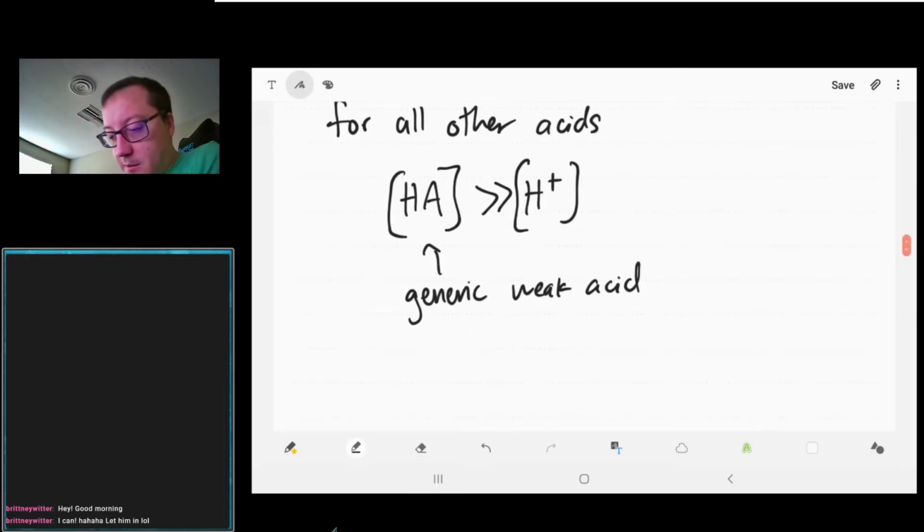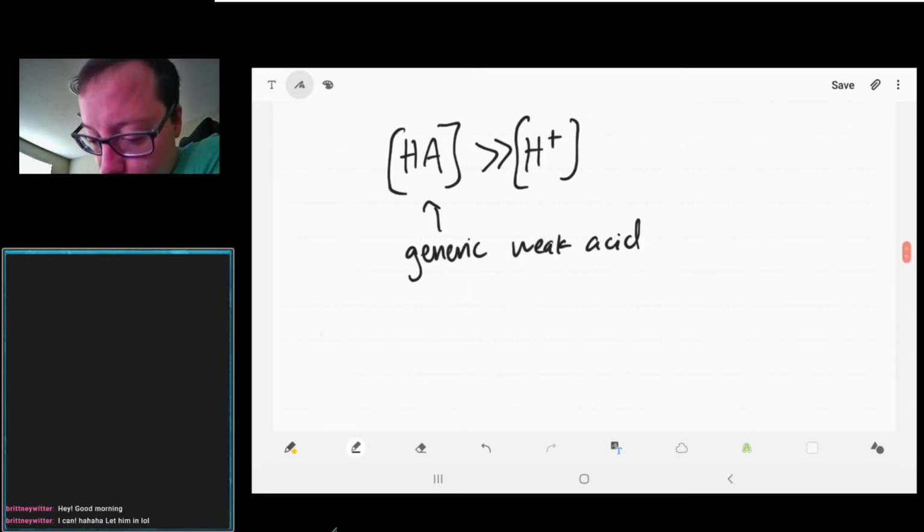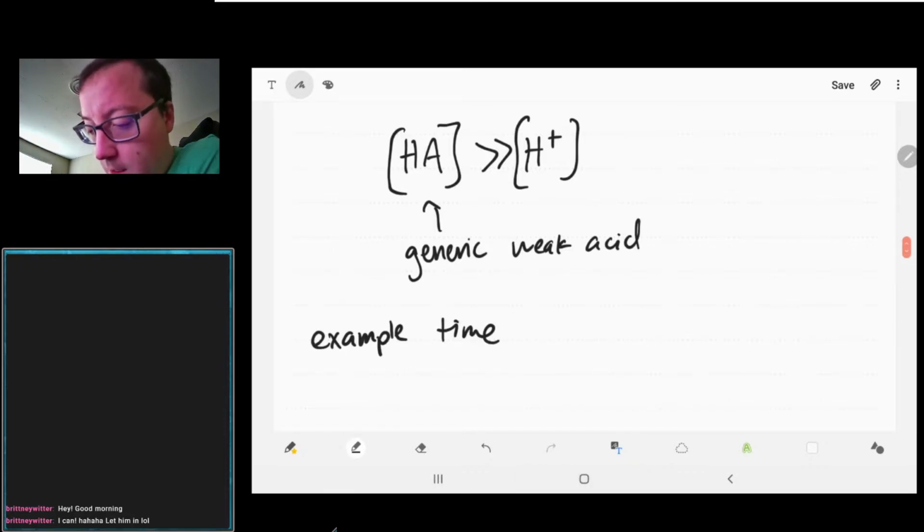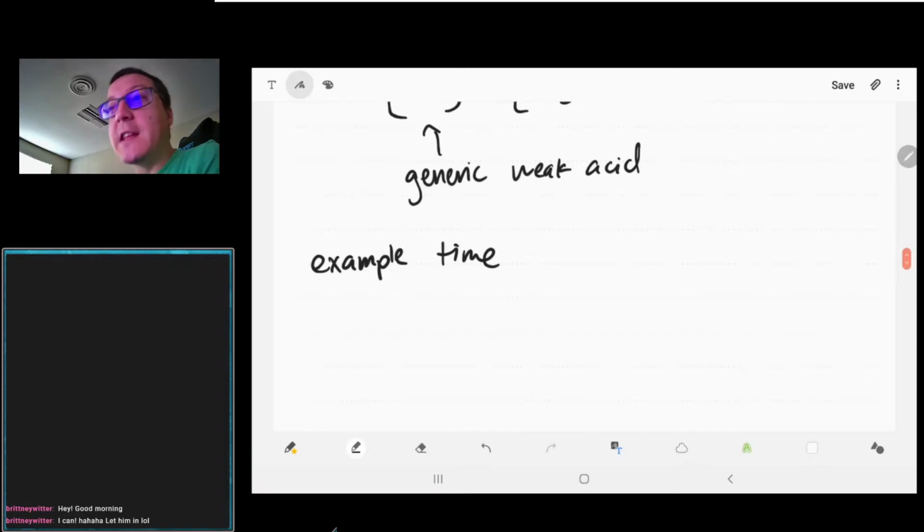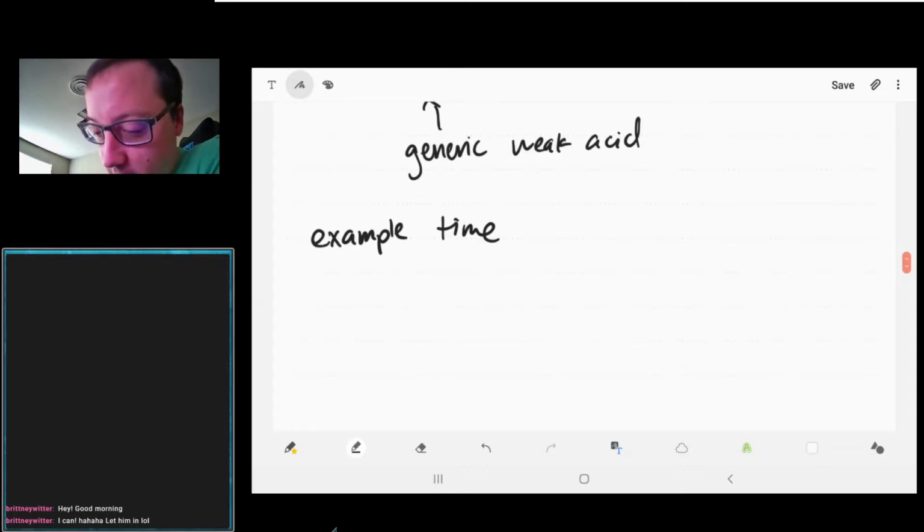So let's do some examples. All right, so I'm going to write the examples and then I'm going to go bring them inside because I don't want them to make anyone upset nearby. Okay, so let's see.